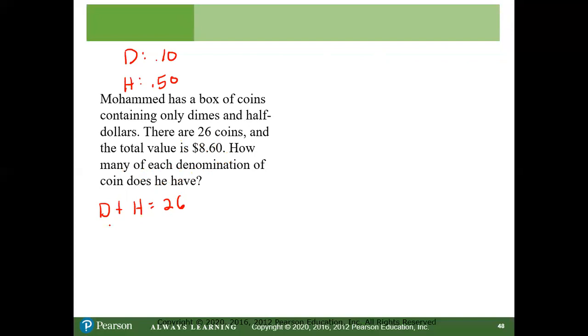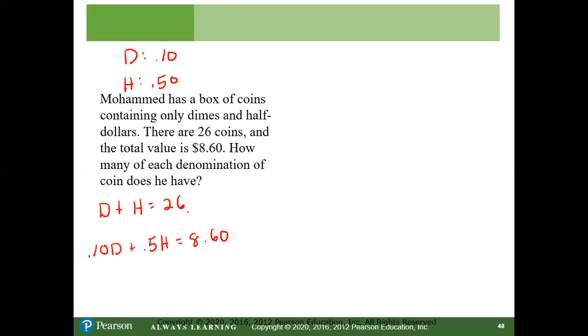All right, cool. So again, we know that dimes are worth 10 cents, and there are D number of dimes there, plus half dollars are worth 50 cents, times H number of half dollars is equal to $8.60. Okay.